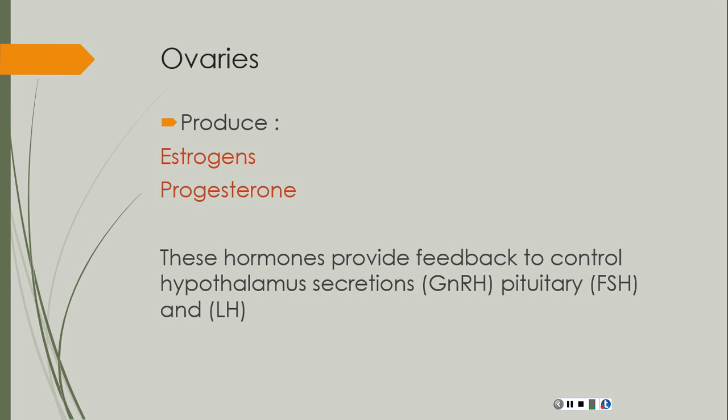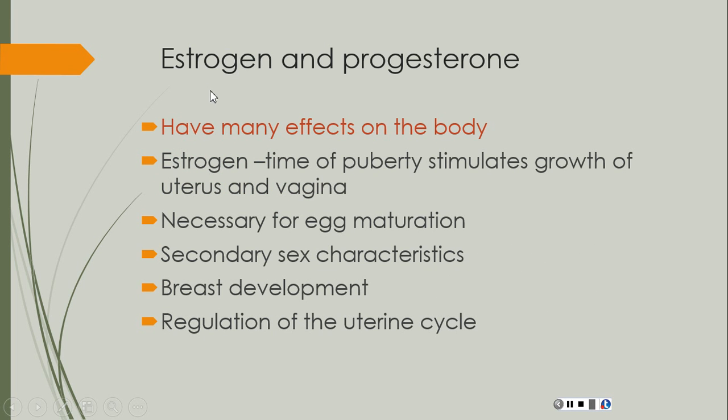So let's take a look at the ovaries. They produce estrogens and progesterone, and these hormones provide feedback to control hypothalamus secretions and the pituitary's follicle stimulating hormone and luteinizing hormone. They have many effects on the body.